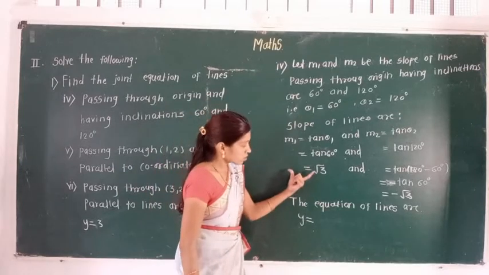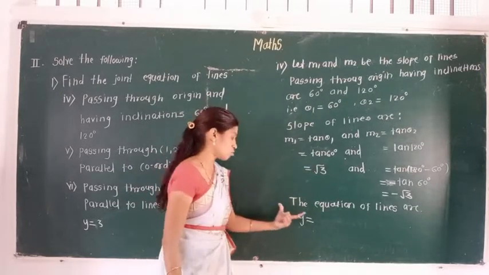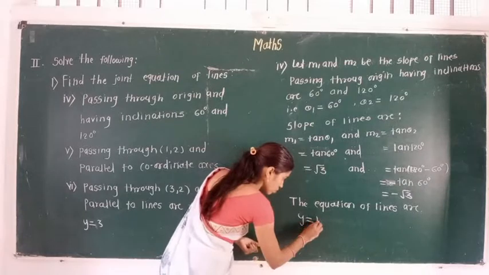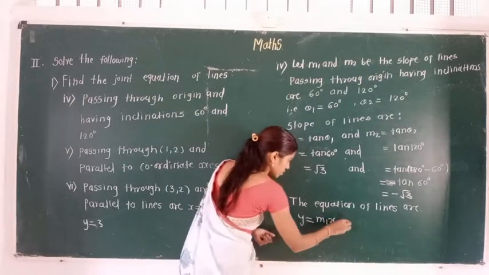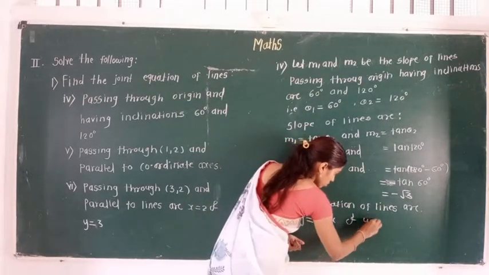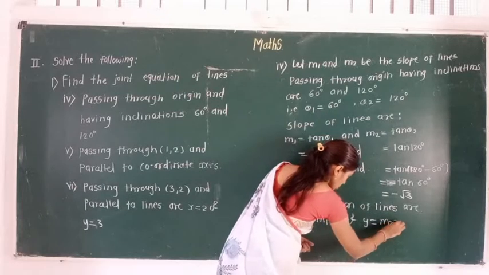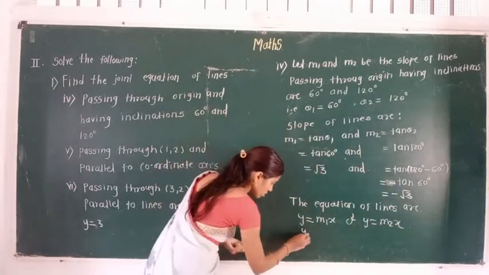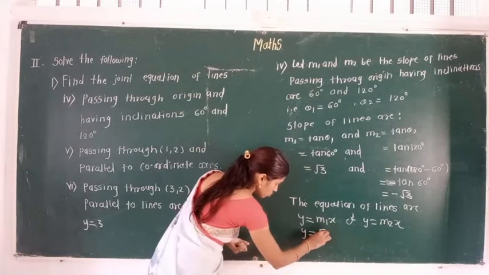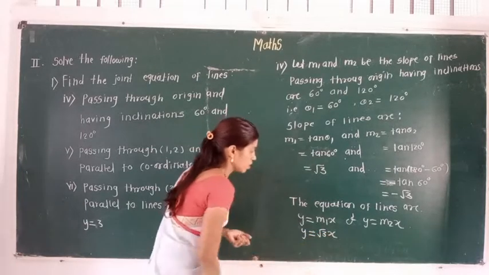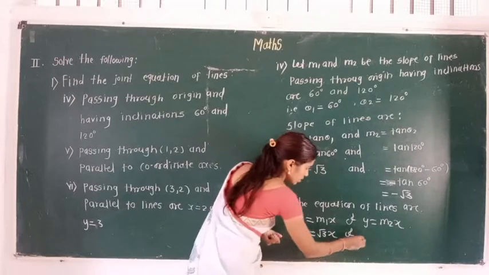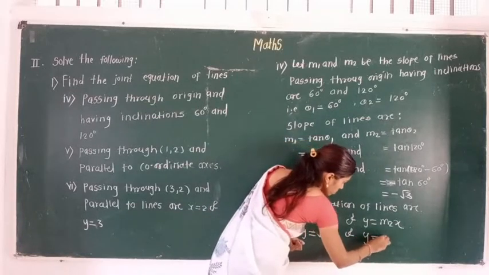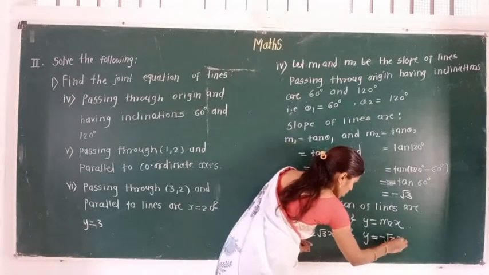But here there are two lines, so the first line is y equals m1x and the second line is y equals m2x. The value of m1 is √3, so we get y equals √3x, and the second line is y equals minus √3x.